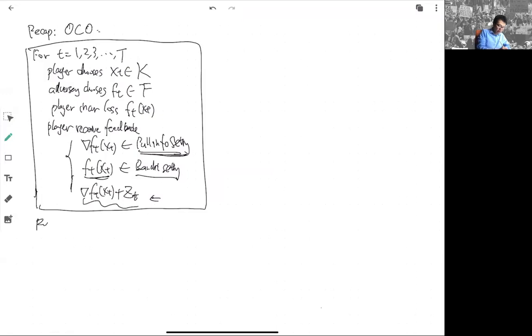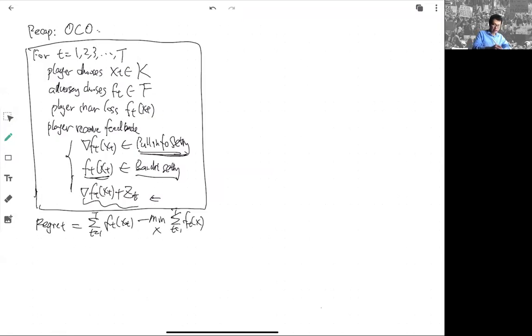So how are we going to measure the success and failure of an algorithm? There's this notion of regret that can be written down as the sum over t from 1 to T of ft of xt minus the best choice x in hindsight.